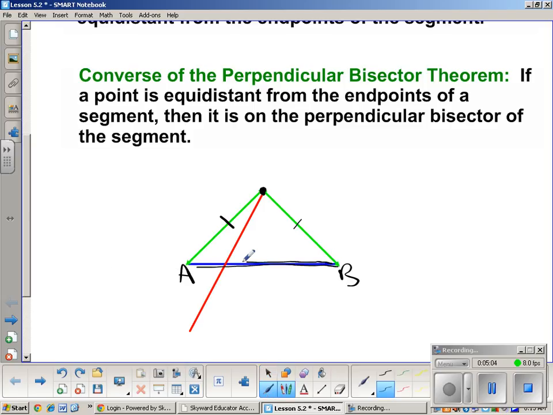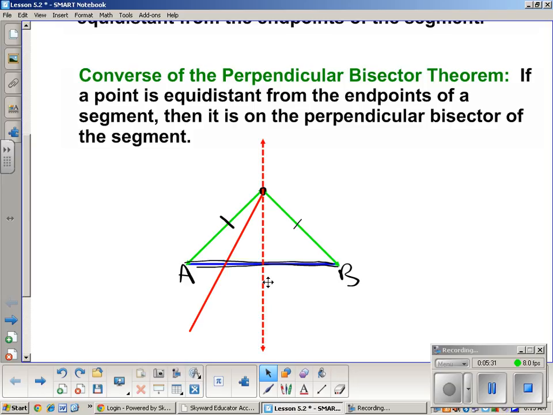We didn't say that the red line is the perpendicular bisector. We said this point is on the perpendicular bisector. That means that there's a line here somewhere that is the perpendicular bisector to this blue line that has to pass through that point. Okay? So just be careful.